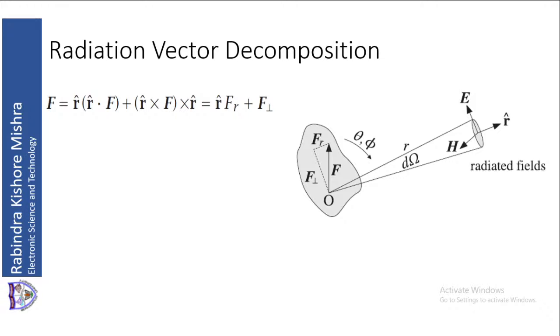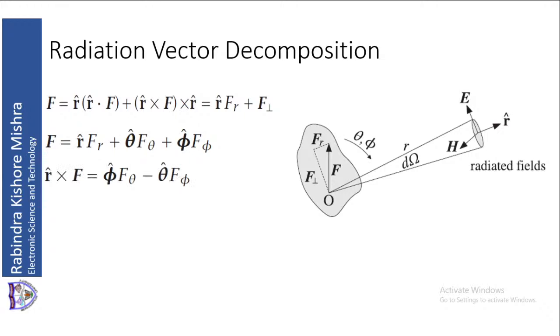If you expand that, that gives us r cap Fr, where Fr is the radial component of F, plus F perpendicular, which is the perpendicular component of F. So F we can also write in the spherical coordinate system as r cap Fr plus theta cap F theta plus phi cap F phi.